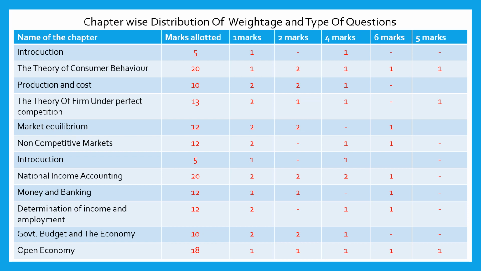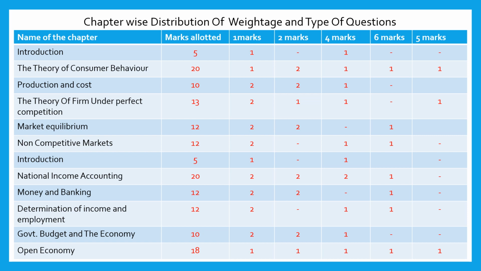Today we will be discussing the distribution of the weightage and the type of questions that you can expect from each chapter. As exams are nearing and the countdown has started, we have to focus on the examination. Now let us discuss how to get 100 on 100.